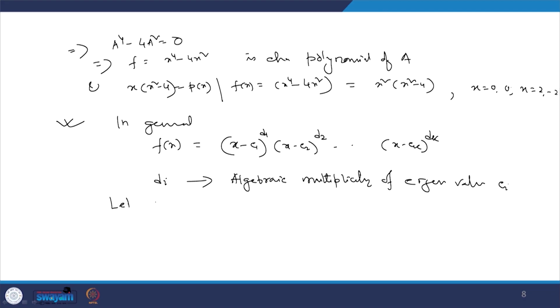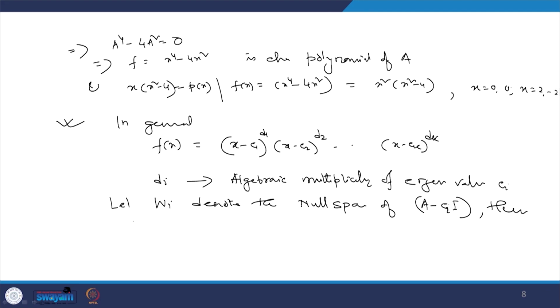Let Wi denote the null space of your A minus Ci I. If I consider this matrix, then that is basically the eigenspace associated to the eigenvalue Ci.